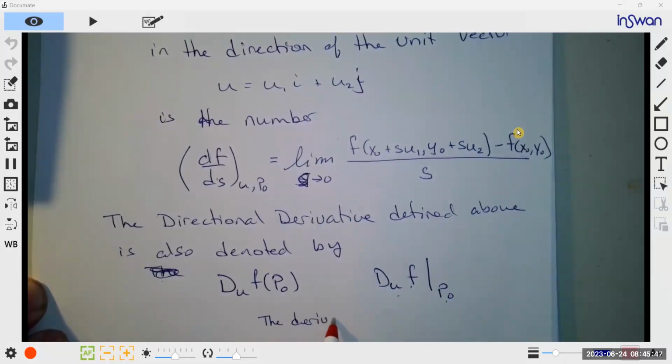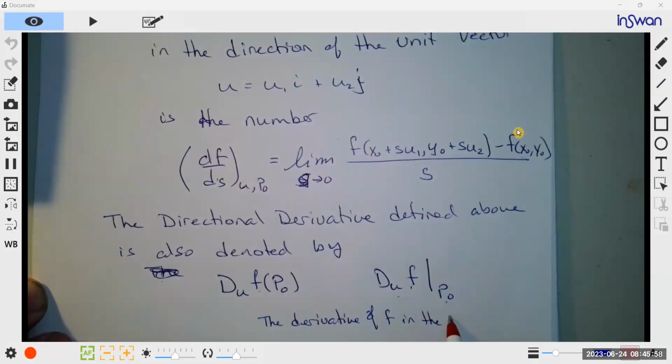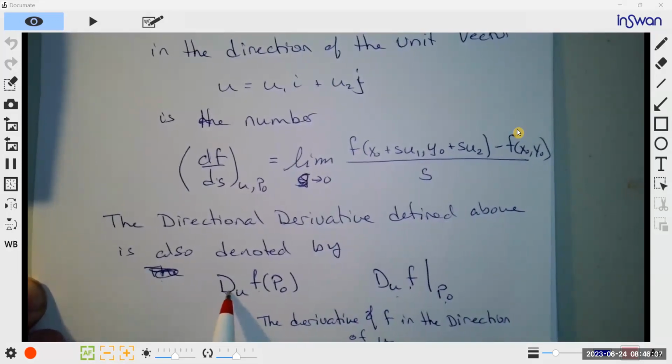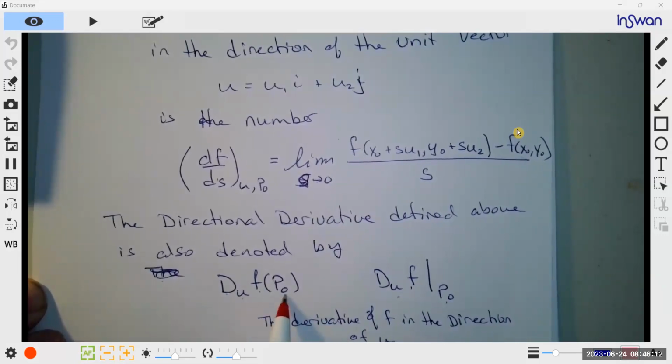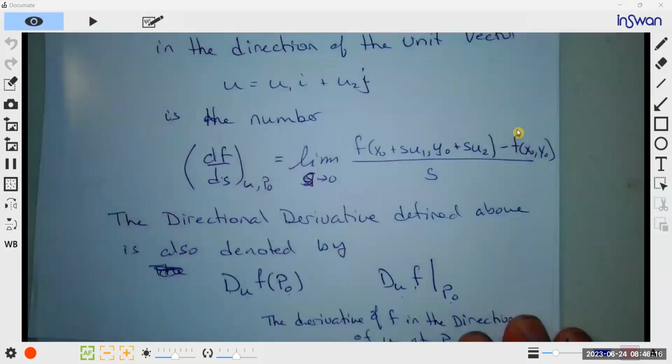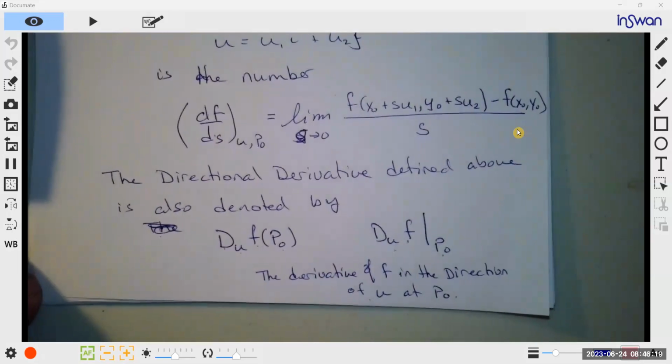That's the capital D, the directional derivative of f in the direction of u at p sub 0. And that's how you read that.